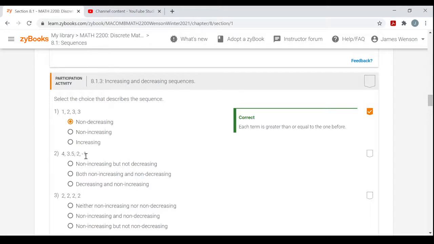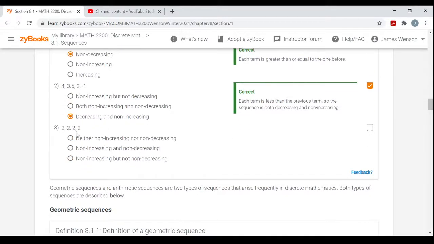This is always getting smaller, so it's decreasing. And remember, every decreasing sequence is also non-increasing. Now this is both. Always. This is what they call a constant sequence. It's always the same value. So it's both non-increasing and non-decreasing.